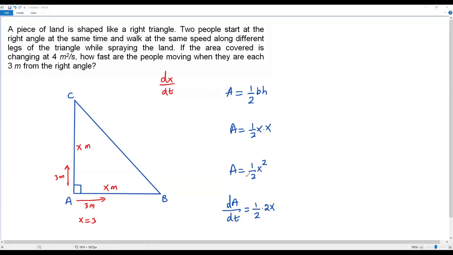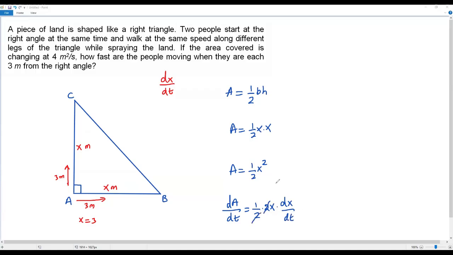Now I computed the derivative only for the exponent 2. By the chain rule, I have to take a further derivative of x with respect to t, because on the left side I have taken the derivative with respect to time. So in the entire equation, I have to differentiate with respect to time t. In that case, I get dx over dt.